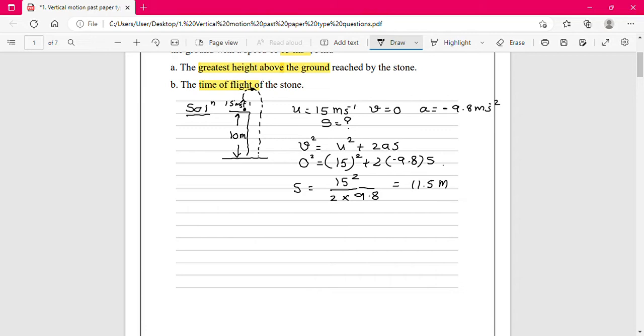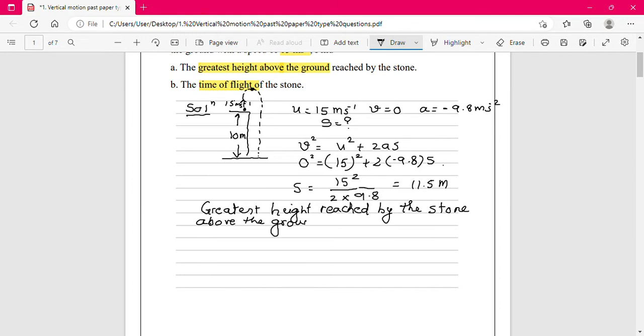So the greatest height reached by the stone above the ground will be how much?